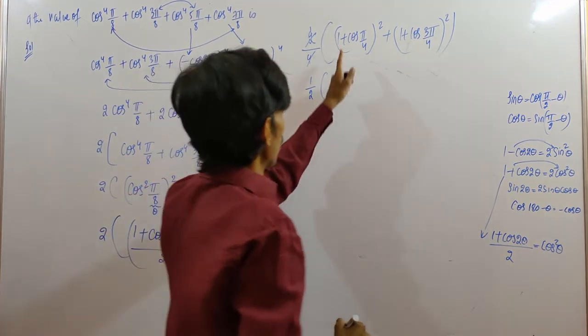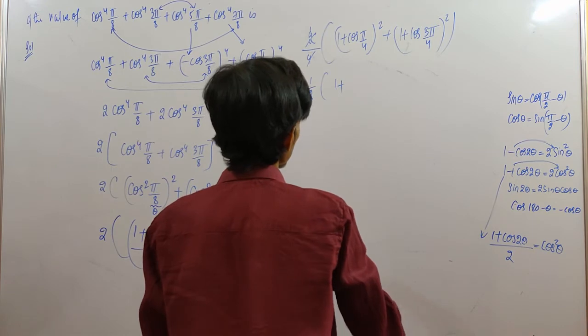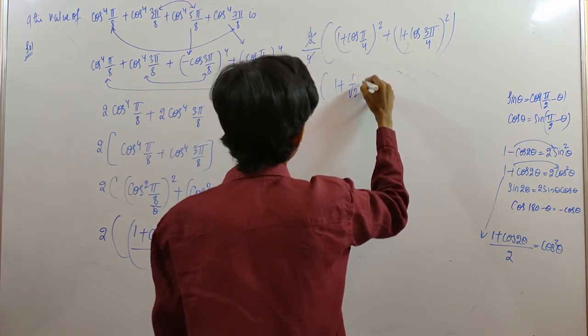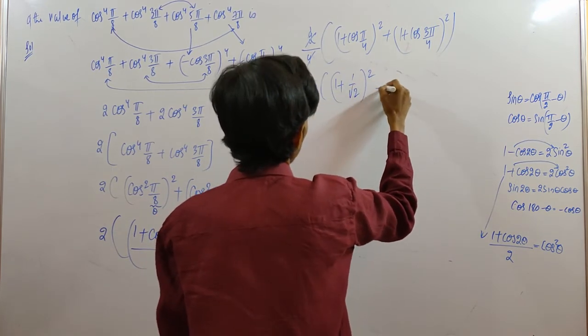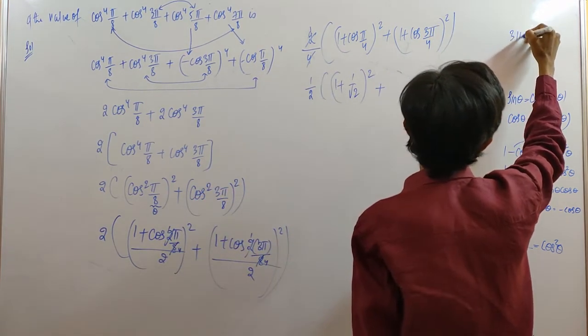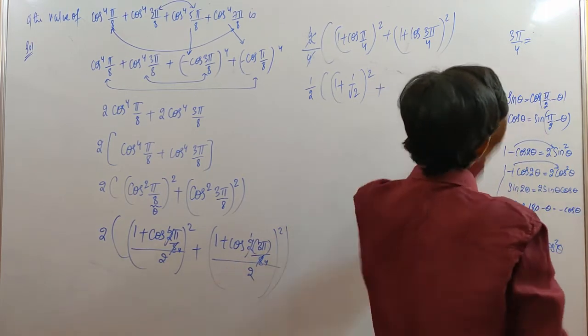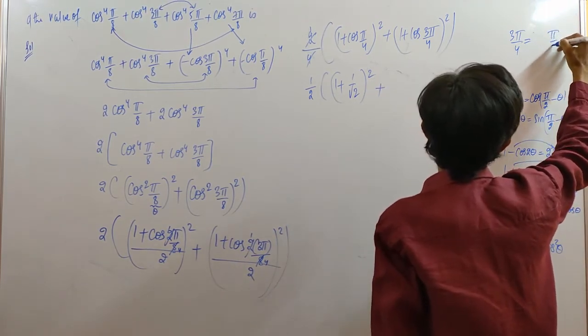Here we have (1 plus cos pi by 4), which means 45 degrees. Cos 45 is 1 by root 2, whole square, plus here we have 3 pi by 4. This can be modified as 4 minus 3 is 1, so this can be written as pi minus pi by 4.